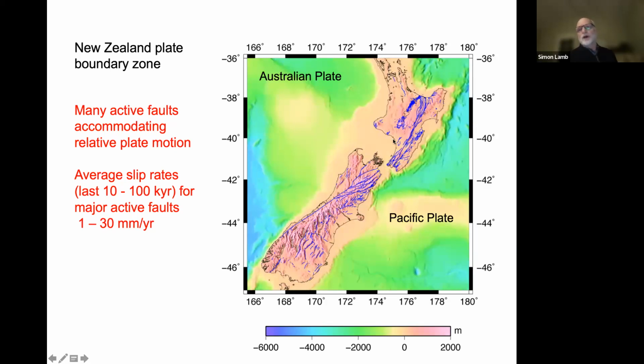This has been done in other plate boundaries as well by other groups. But if we take New Zealand, we've got a pattern of active faulting, with average slip rates on individual faults somewhere between 1 and 30 millimeters a year, and they're accommodating the oblique convergence of the Pacific and the Australian plates.